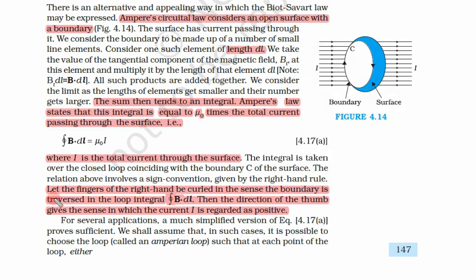Let us read this again. Let the fingers of the right hand be curled in the sense the boundary is traversed. So this is the boundary, and these are the right hand fingers. In the loop integral, the direction of the thumb gives the sense in which current I is regarded as positive. So this is the thumb direction of your right hand, and this is the direction of the current.